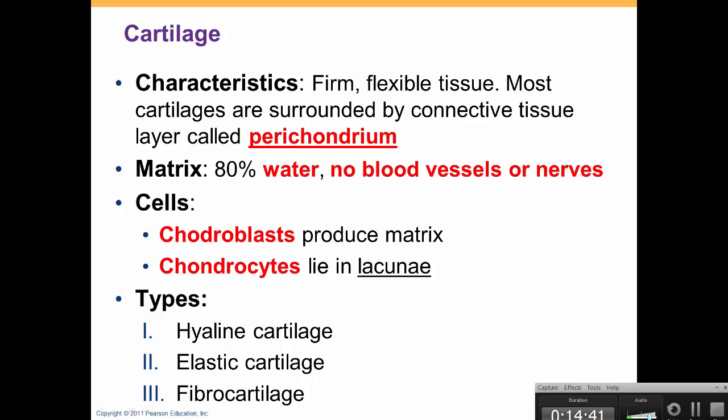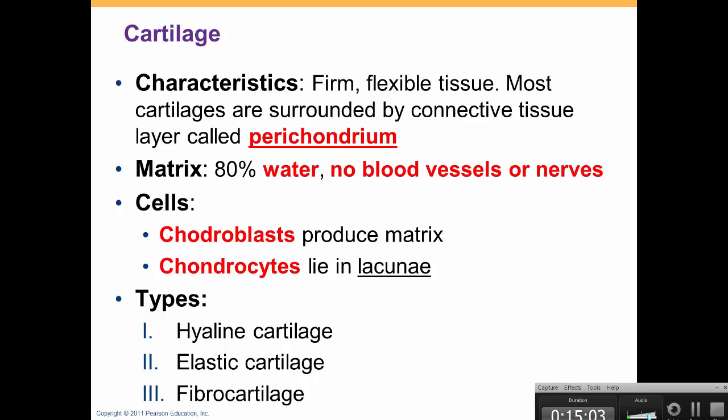The cartilage has no blood vessels, no nerves. What's the reason for that? Well, think about the cartilage in your joints. Do you want to be able to have sensation from the joints as you move them all the time? Of course not. You don't want to feel that sensation. It will be very annoying.